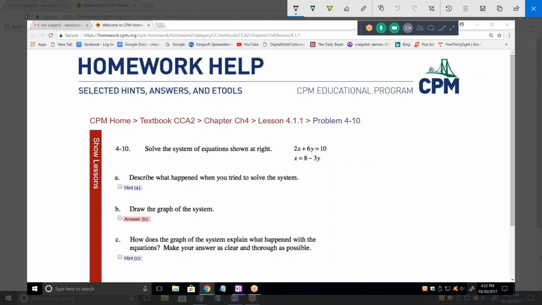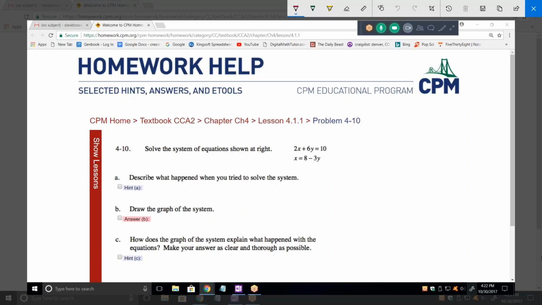They're both straight lines, notice. In other words, when you have an x and a y and nothing's being squared, that's a straight line. And that's a straight line. X equals 8 minus 3y is also a straight line. So how do I solve this system? If I graphed it, it's where they would intersect. That would be the answer.